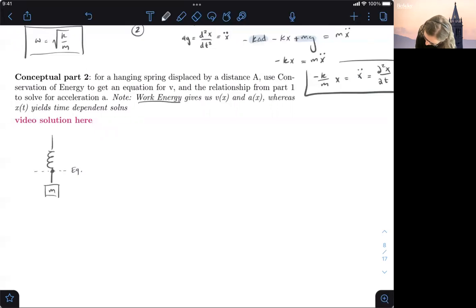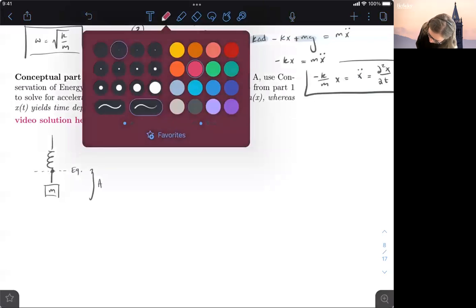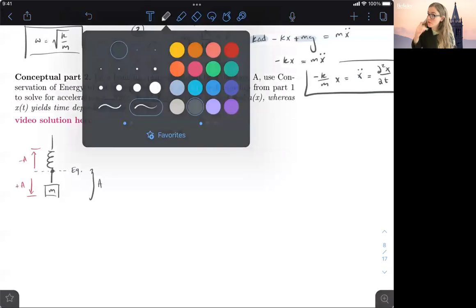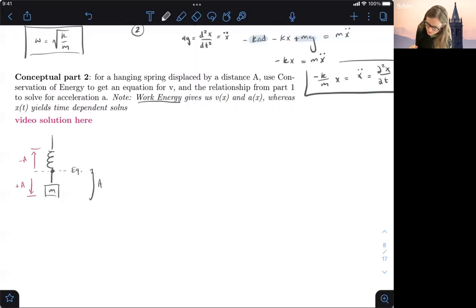And we're going to pull it down this extra distance a, and this a distance is going to be the amplitude that it oscillates with, up by this negative a and this positive a, basically. So it's oscillating back and forth, up and down, based on the distance that you shifted it down by. Cool.